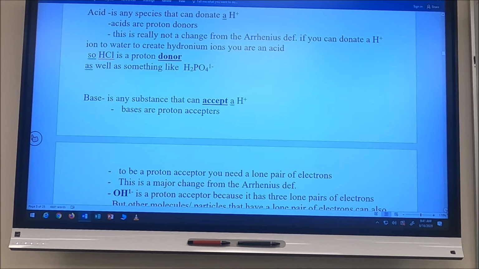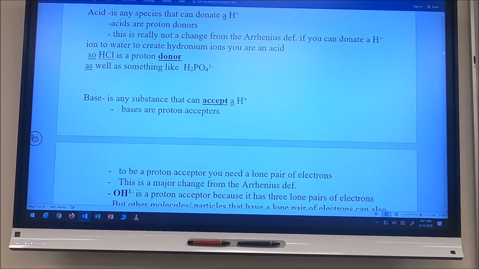So HCl is a proton donor. But also something like H2PO4- can be a proton donor. Bases, here's where the big change comes, is any substance that can accept a hydrogen ion. So bases are proton acceptors. And in the Bronsted-Lowry definition then, an acid-base reaction is a hydrogen ion exchange or transfer.